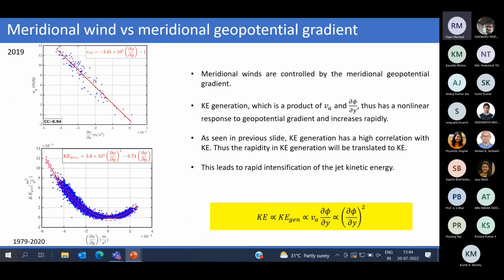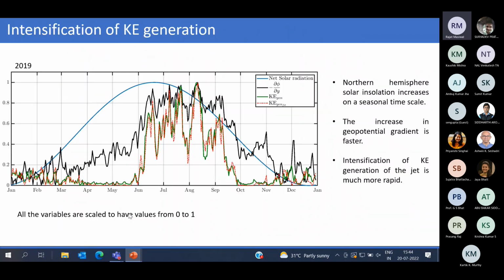Now, this relationship translates into the kinetic energy generation having a quadratic nature, which is seen in the second plot on the bottom. These blue dots are your kinetic energy generation scattered with dφ/dy for all the 42 years, and this parabolic curve is the best least squares fit of this data.